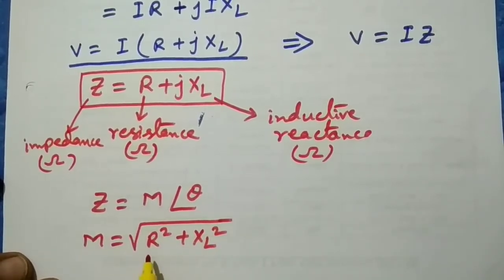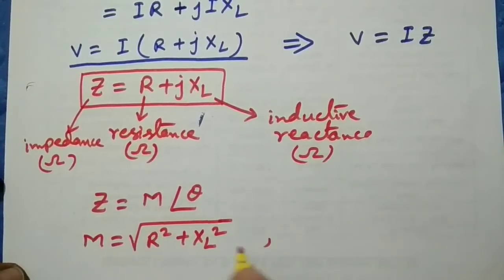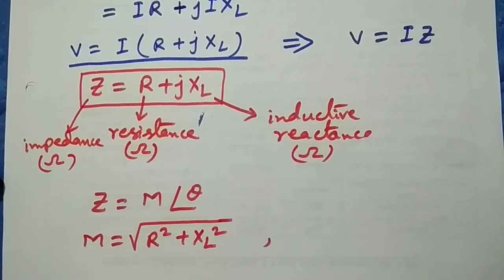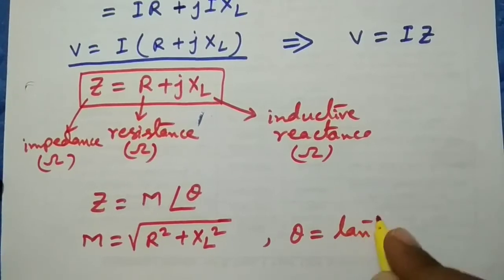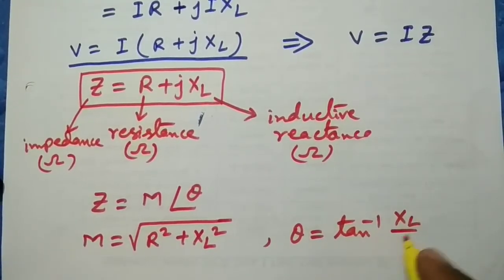We already know that this is the formula of the impedance of a resistive inductive series circuit. But till now we cannot find the phase of the impedance or its position. So it can be represented as theta and it will be tan inverse XL upon R. So in this way we can apply phasor algebra in a resistive inductive series circuit.